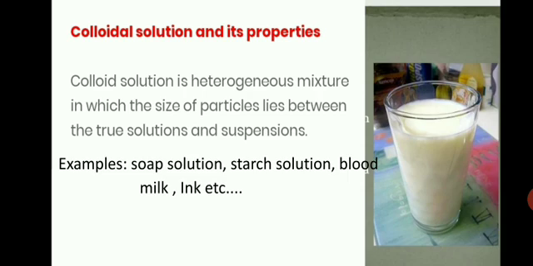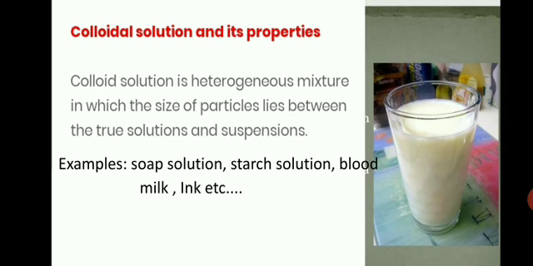So what it means, the solute particles in a colloid are bigger than those of a true solution but smaller than those of a suspension. Some examples are soap solution, starch solution, blood, milk, ink, etc.